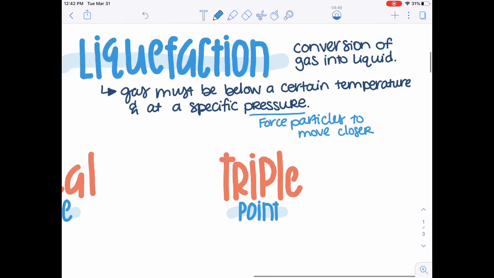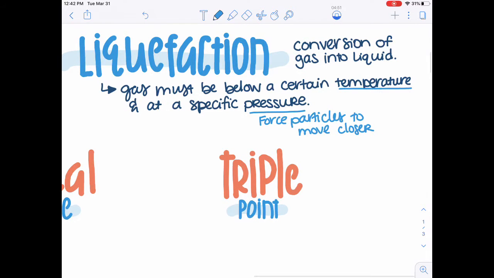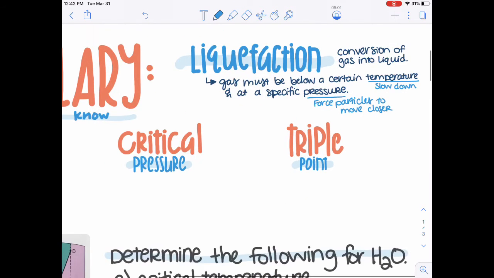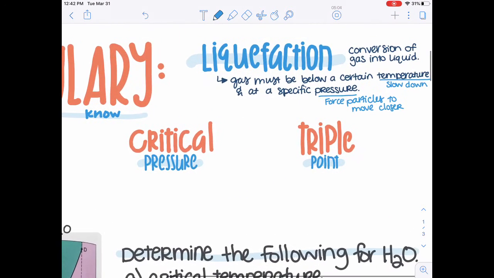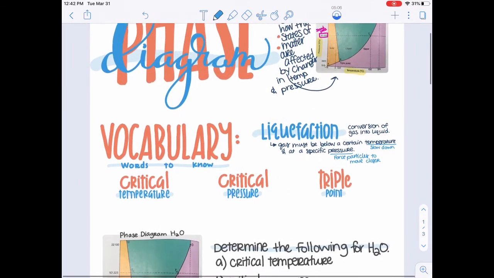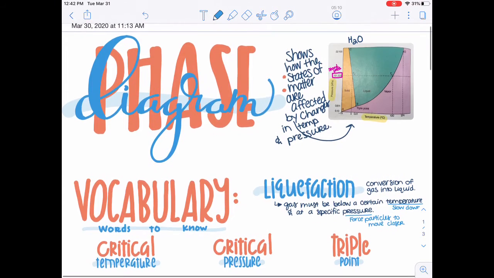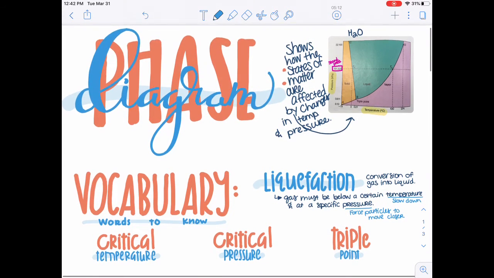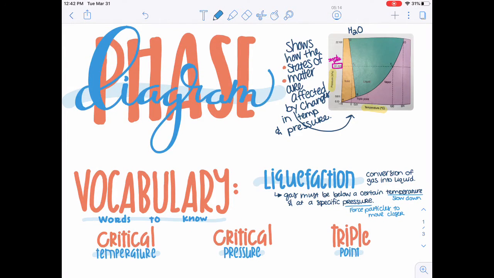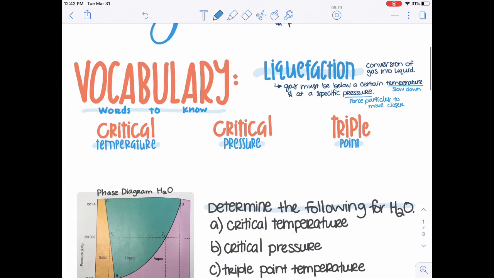And decreasing the temperature is going to slow the particles down. So they get slower and closer together, which is why they condense. We use phase diagrams to determine that temperature and pressure needed to liquefy a gas, which is, again, the process of liquefaction.